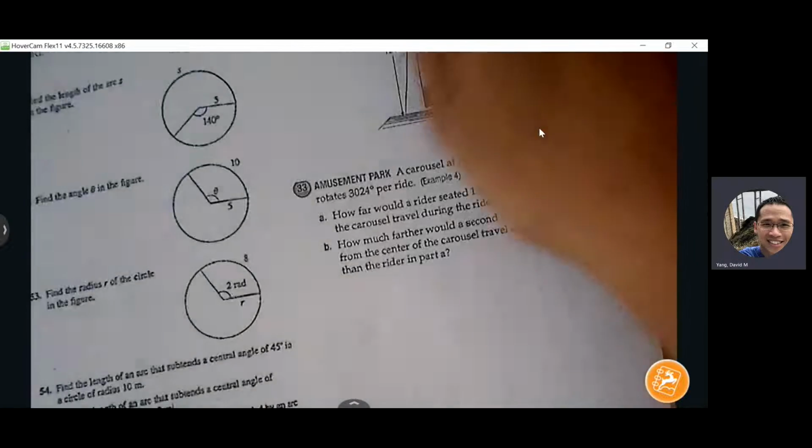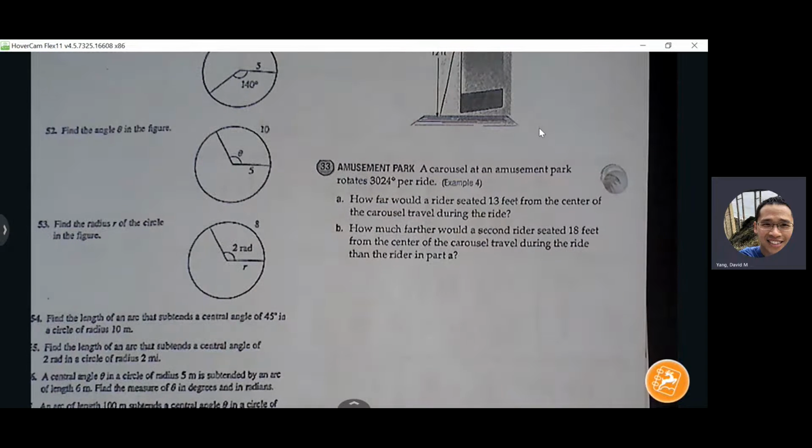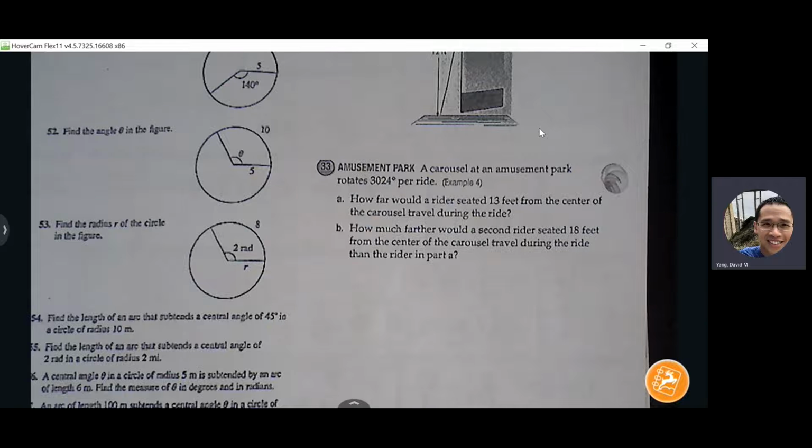Okay, let's go to the back. I just want to do a few of these so that we're comfortable, and then we can move on to the next section. I do want to make sure that we get a few more problems under our belt so we can be a bit more comfortable.